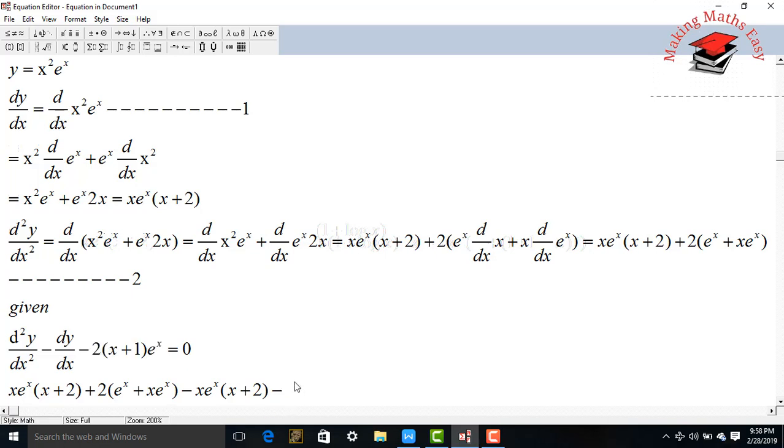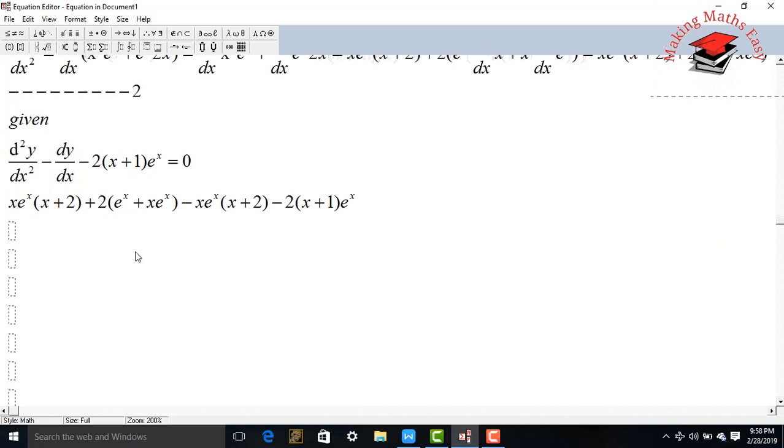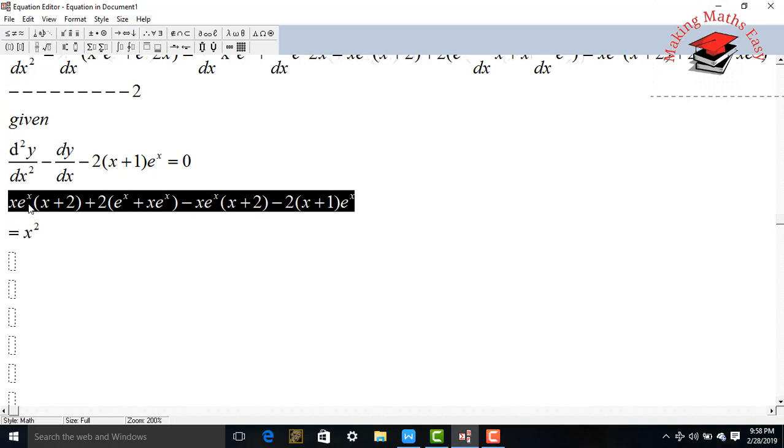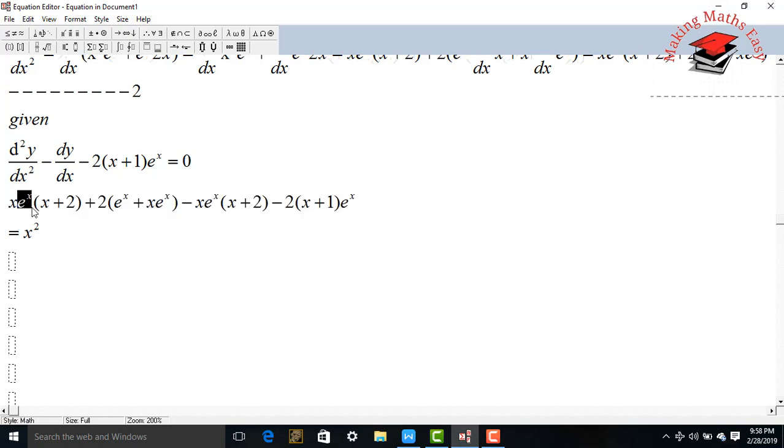So let us find whether this corresponding value is equal to 0 or not. First of all, merge all the terms. You will get the term equal to x square, so write x square e raised to x over here. Then x e raised to x into 2, which will be equal to 2x e raised to x.